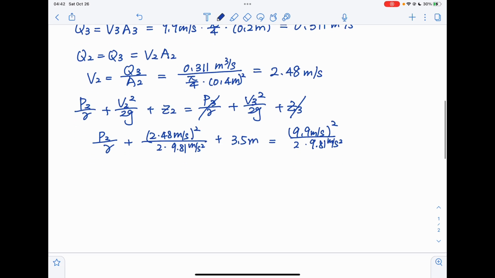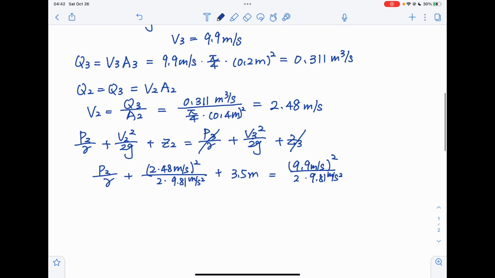And with the gamma, our P2 is going to be 11.65 kilopascals.